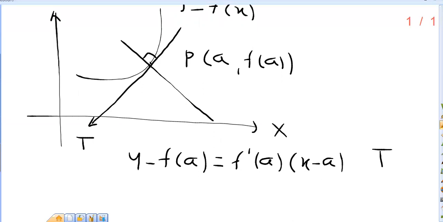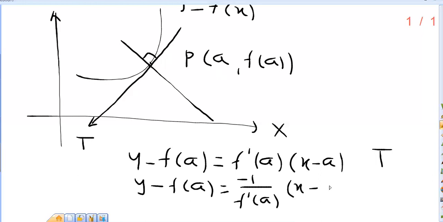Now the point lies on the normal also. So what will be its equation? It is y minus f of a equal to minus 1 upon f dash of a into x minus a. This is nothing but the equation of normal.